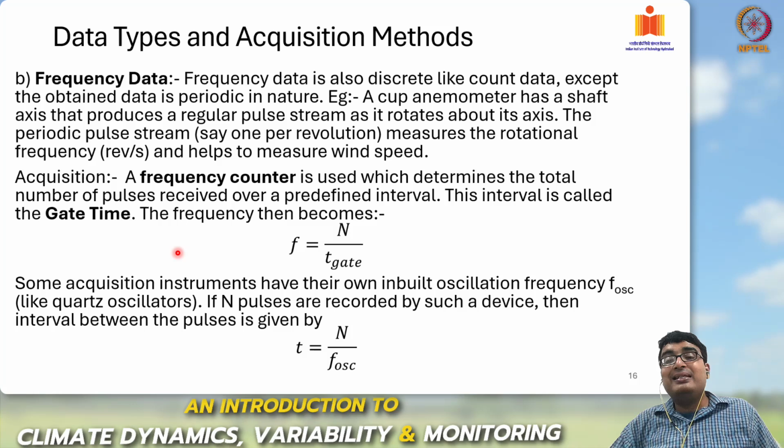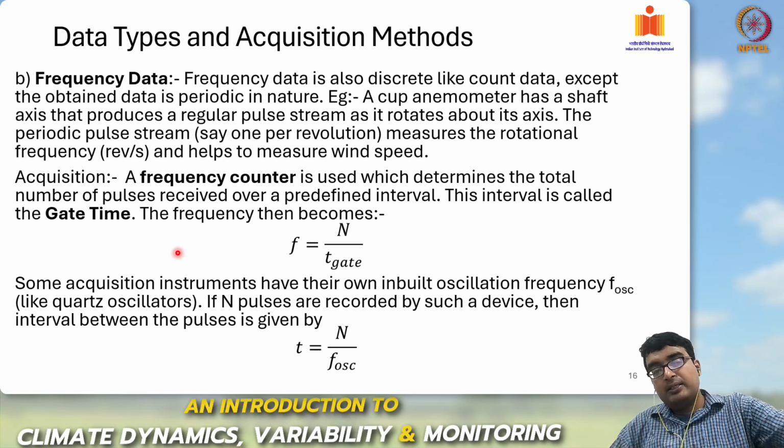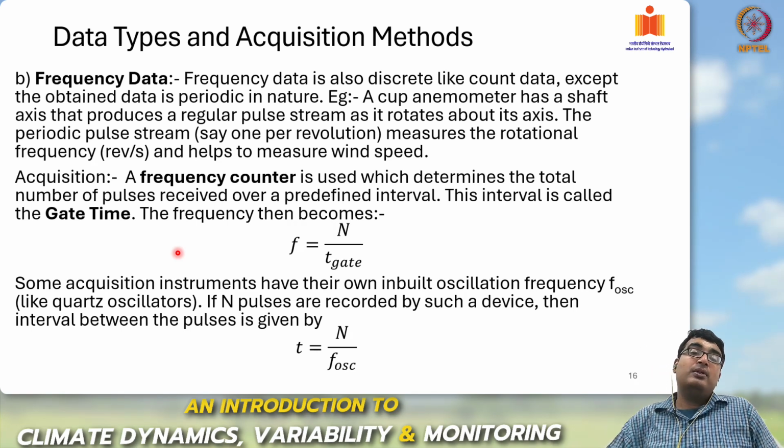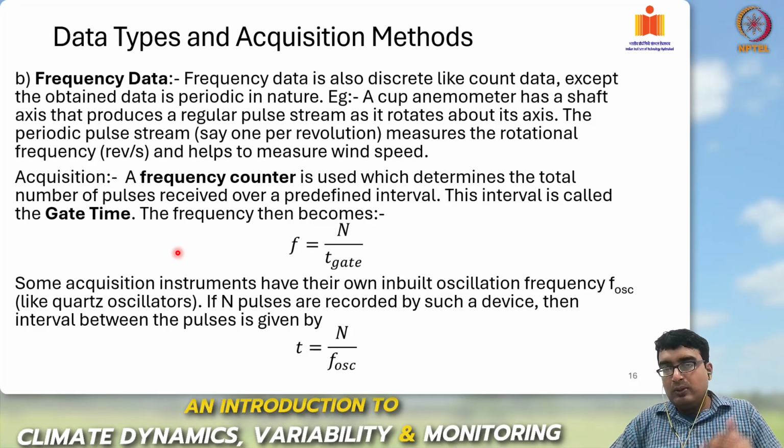The frequency then becomes n by t gate, the number of pulses counted by the gate time. Some acquisition instruments have their own inbuilt oscillation frequency, F oscillation, for example, quartz oscillators, which you will find in many watches. So they have their own natural frequency F oscillation.